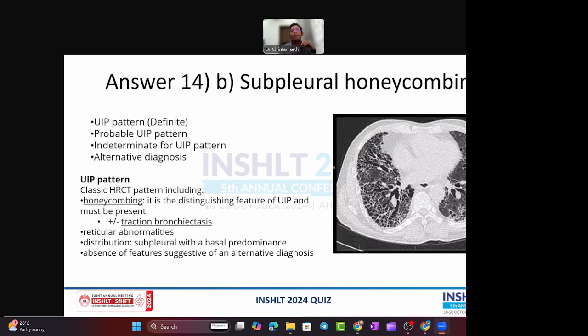So honeycombing must be there, subpleural honeycombing. Traction bronchiectasis can be there or not. Other features can be reticular abnormalities, and the distribution will be subpleural with a basal predominance. So the answer is subpleural honeycombing, the defining criterion for definite usual interstitial pneumonia.